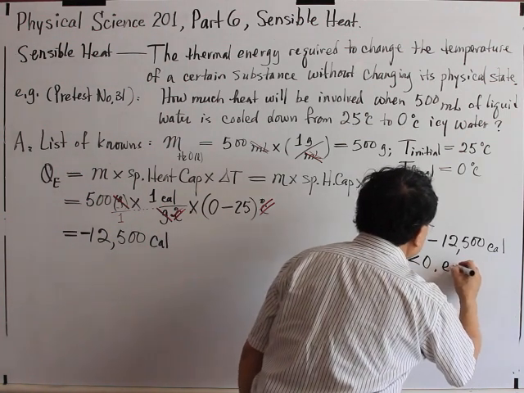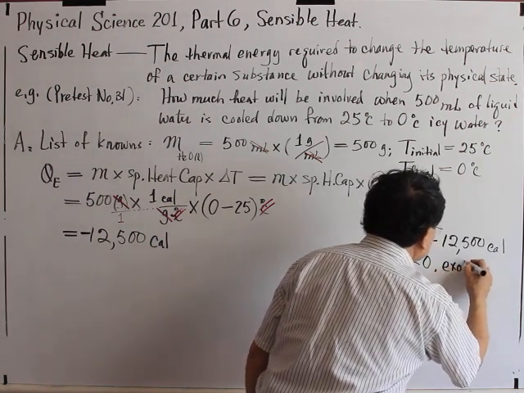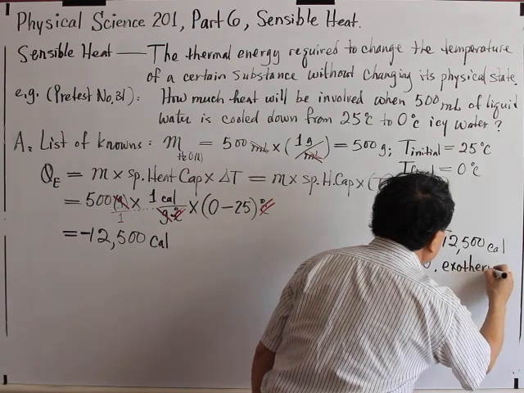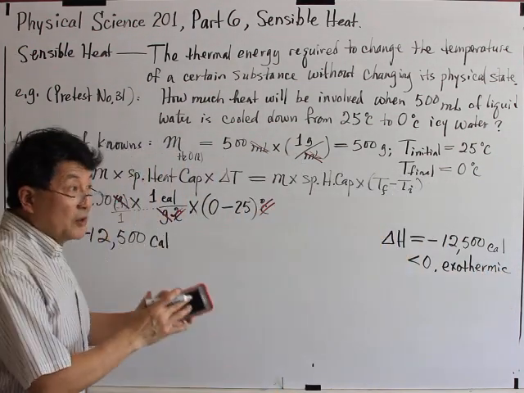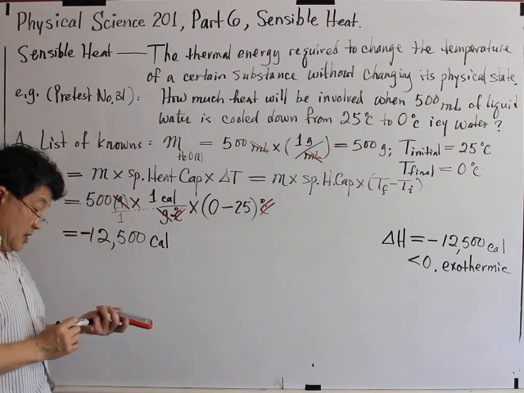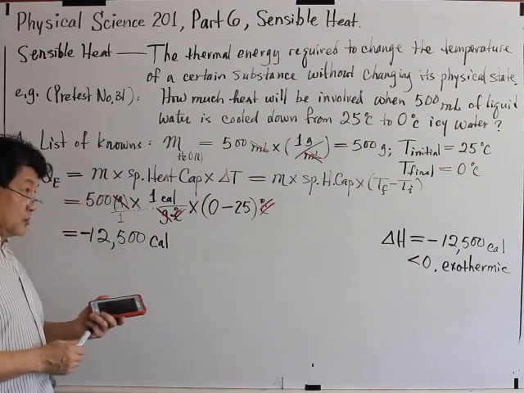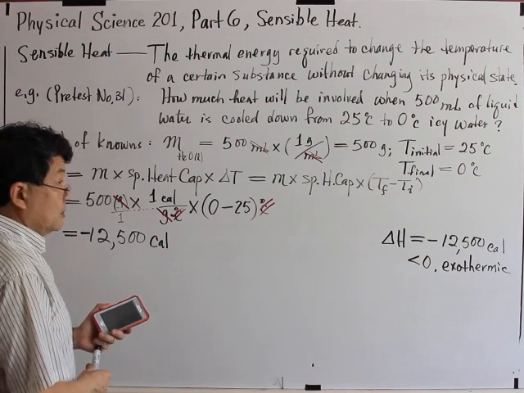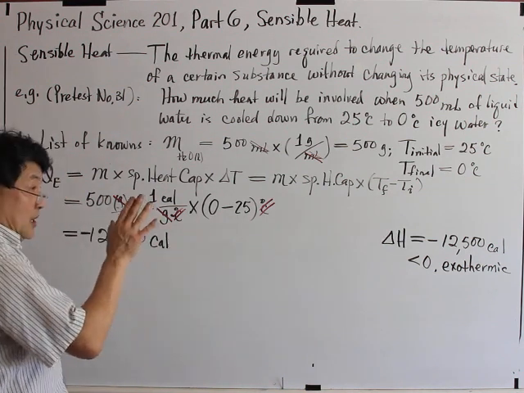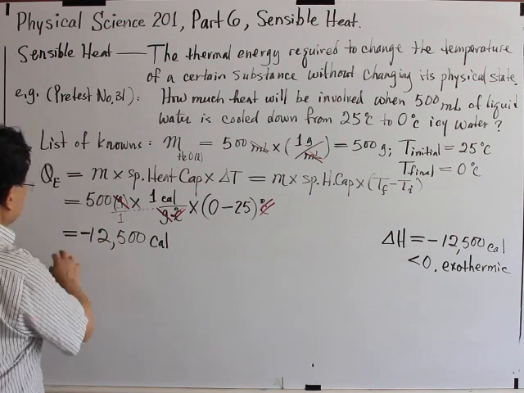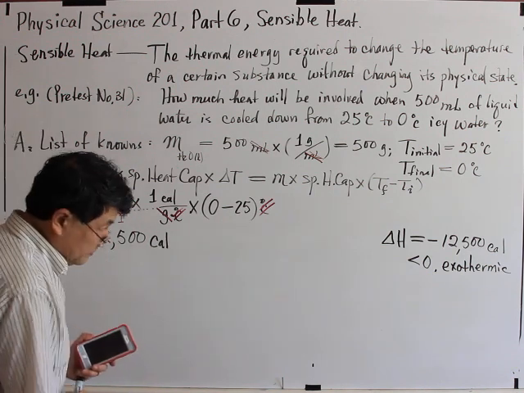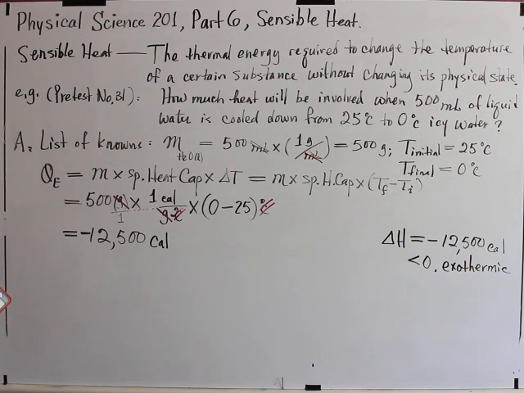It's exothermic. You probably already learned exothermic and endothermic in middle school or high school, but we're going to get into this in detail very soon. So the answer is negative. Is that clear? Okay.